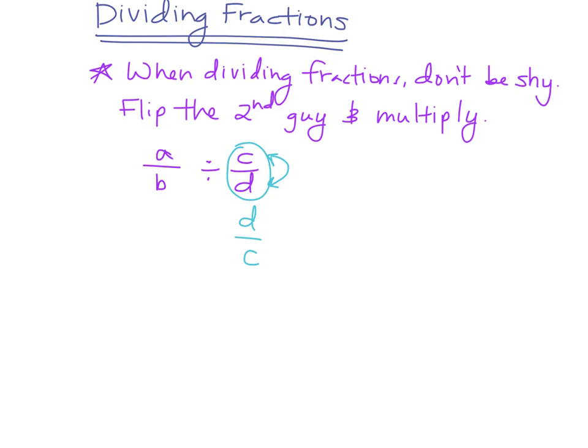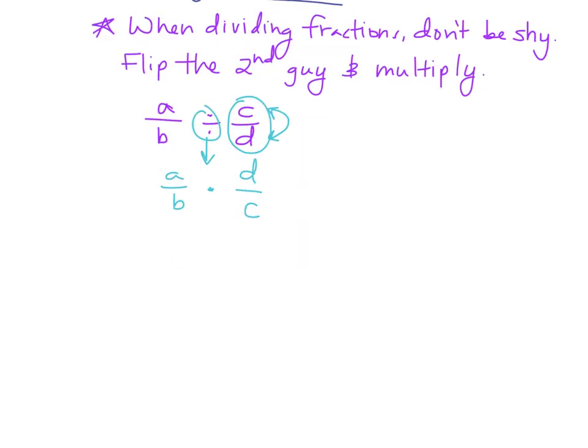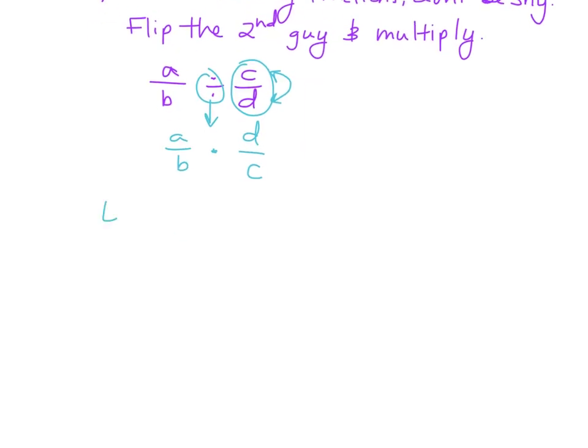And then you multiply. So instead of dividing, now it's multiplication. It would be the same thing as A over B times D over C. So flip the second one and multiply them instead. Way simpler problem. So I'm gonna show you what that looks like.